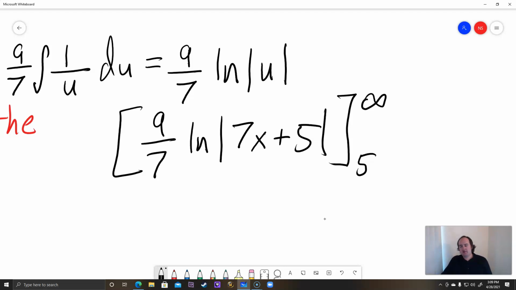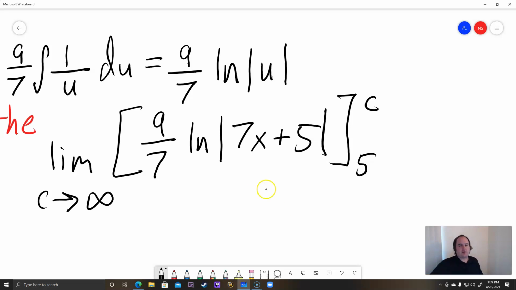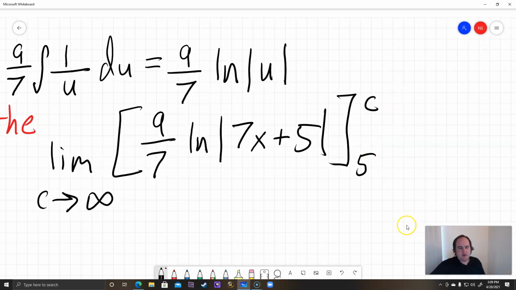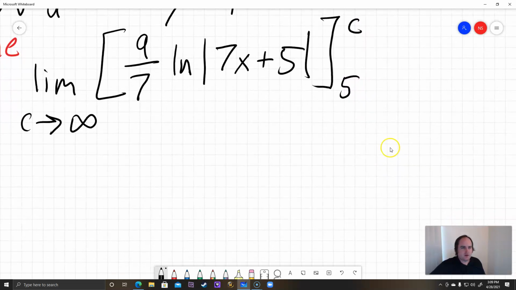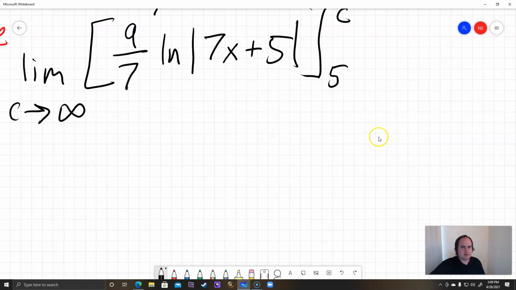Okay, and then we're going to have to use a limit for the infinity. So instead of writing infinity, we're going to rewrite that as c. And then we'll find the limit as c goes to infinity of this whole thing evaluated from 5 to c. And if you don't remember this, make sure you watch my other video on improper integrals because I talk about this.